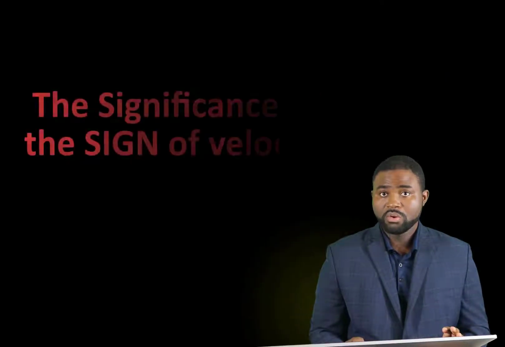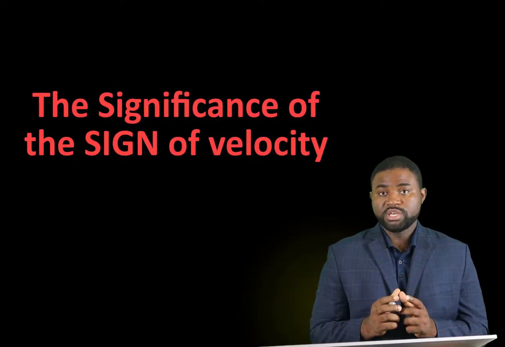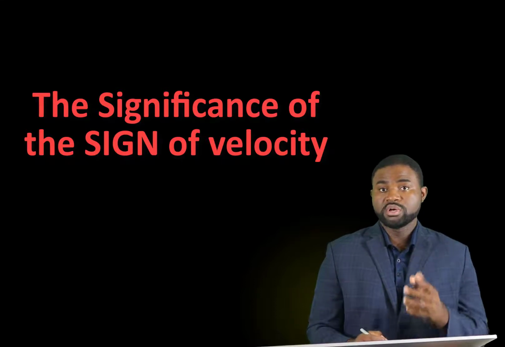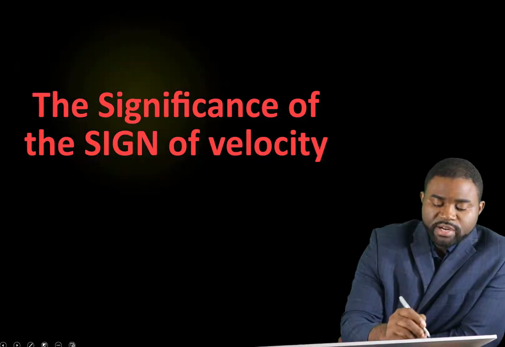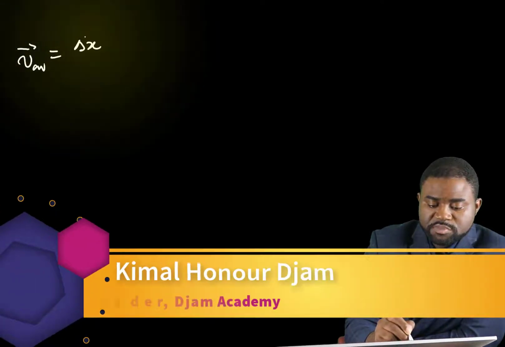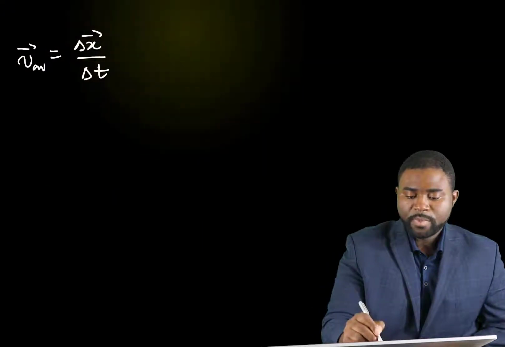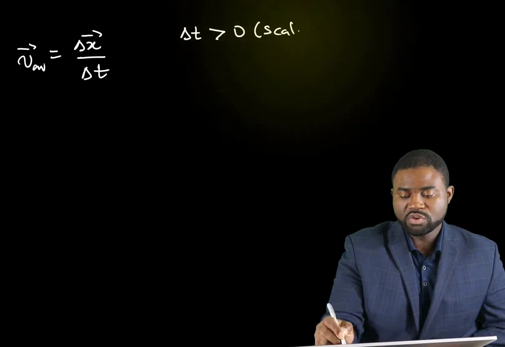So this brings us to one important point. If average velocity is a vector quantity, it means that it has direction. So how do we determine the direction of the average velocity of an object? By definition, v average is equal to the displacement of that object divided by the time interval. But keep in mind that the time interval is always positive and it is a scalar quantity.